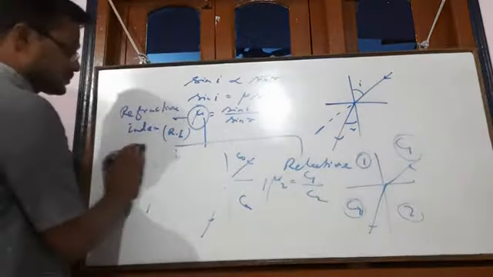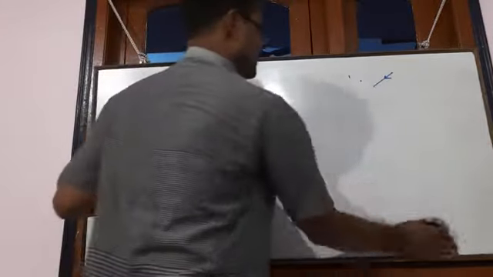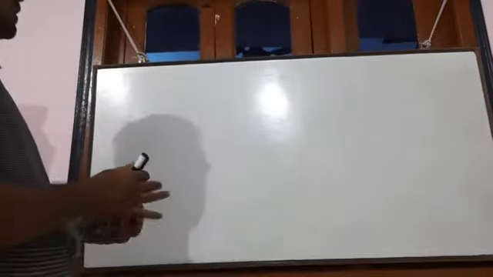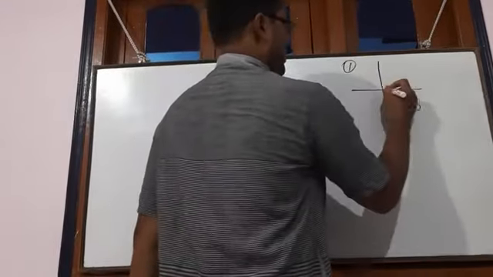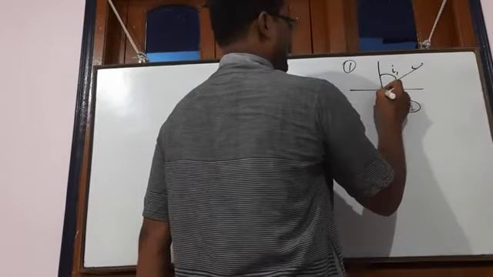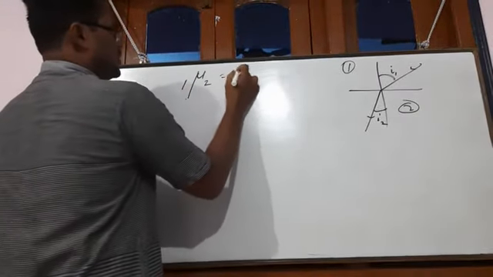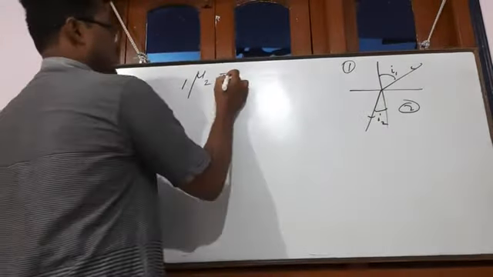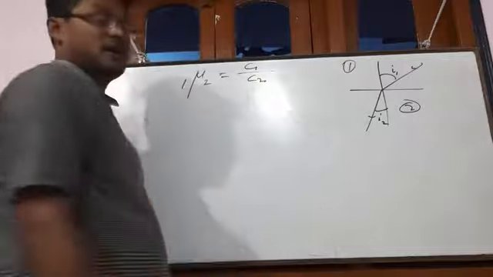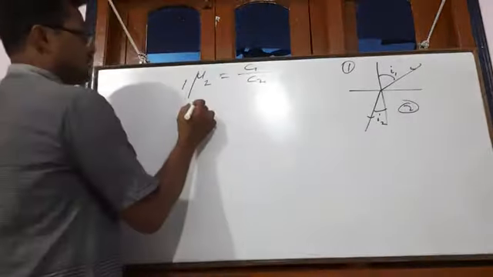Now we can establish one relation between absolute and relative RI. How? Let light travel from the first medium to the second medium. Here the angle of incidence is I1, here the angle of refraction is I2. So 1mu2 equals sine I1 by sine I2, equals speed of light in the first medium C1 by speed of light in the second medium C2. So it is a speed ratio.